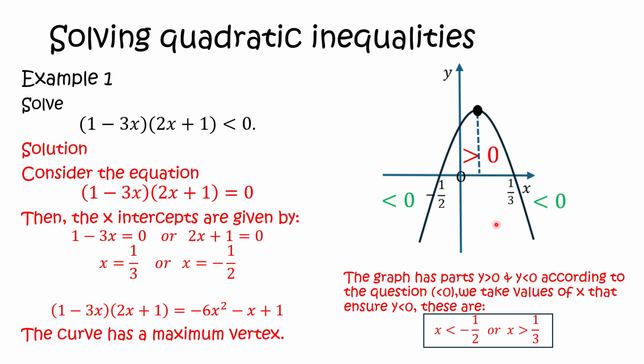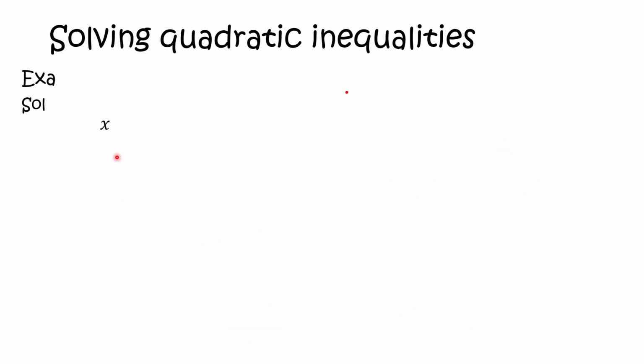But for the values in between minus half and 1/3, the curve is above the x-axis. So this is positive, greater than 0, which is what we are not looking for. Therefore, our solutions become x is less than minus a half or x is greater than 1/3.